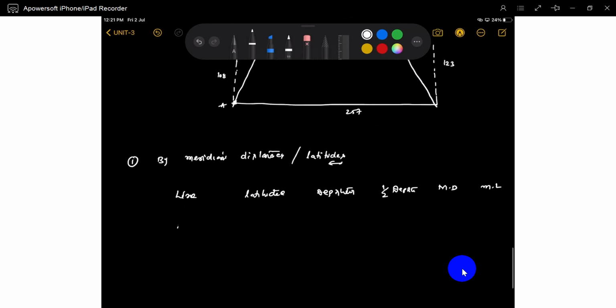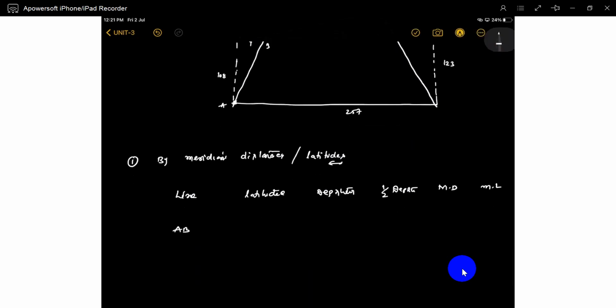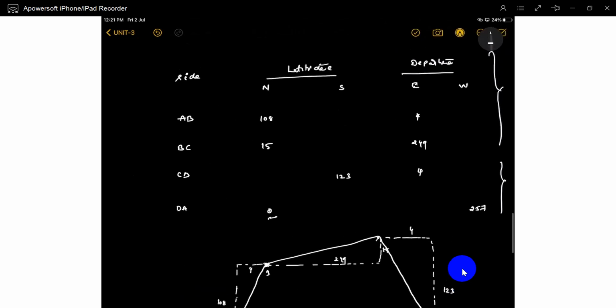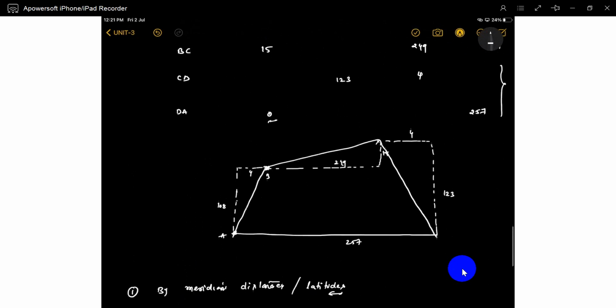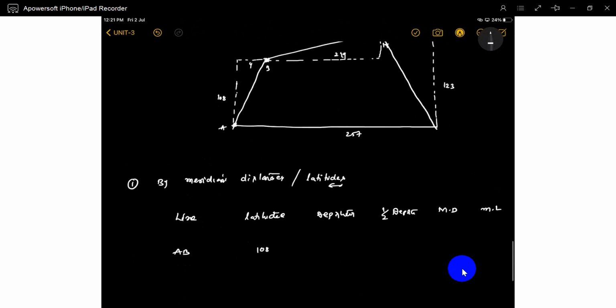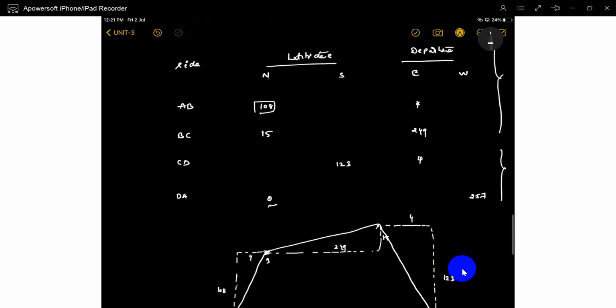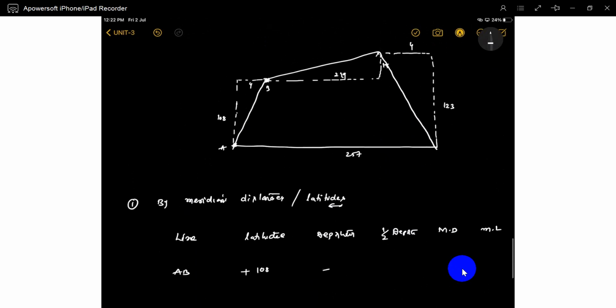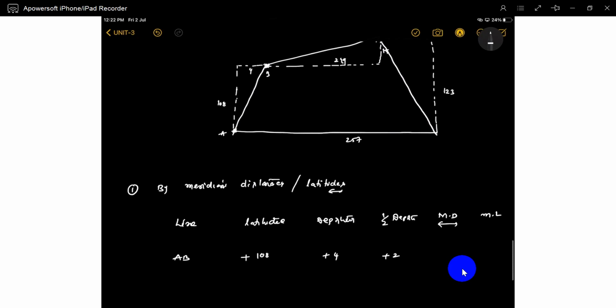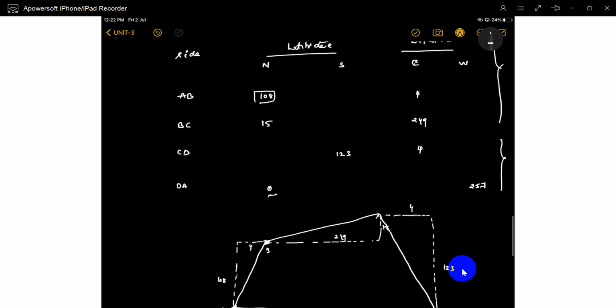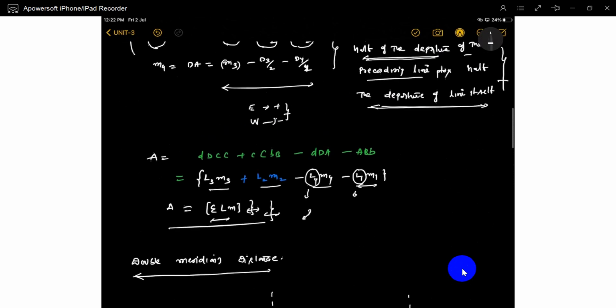So see, for the AB line, what is the latitude? Latitude is north, plus. Departure is east, plus. So half of the departure. We already said what the meridian distance of a line is.